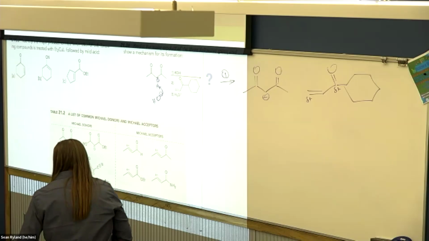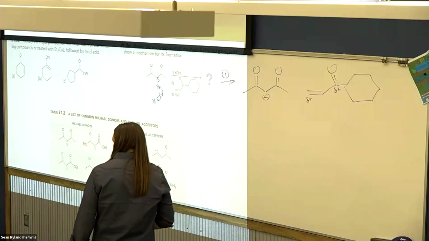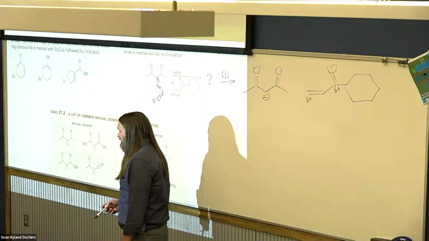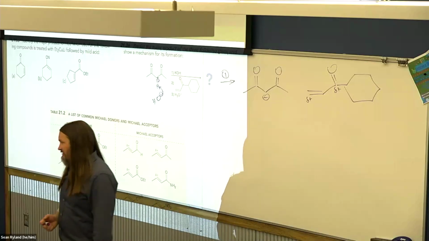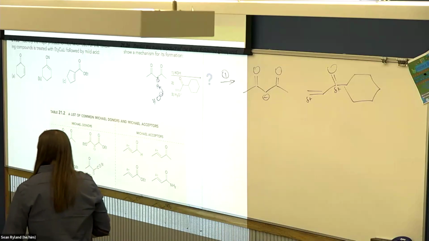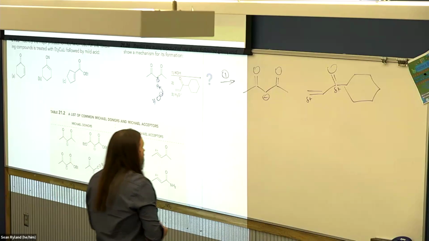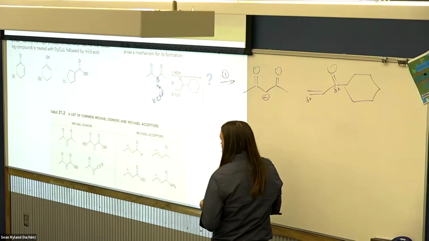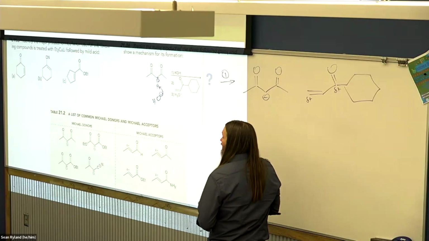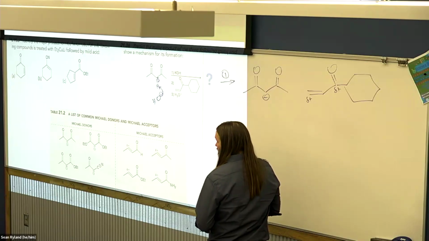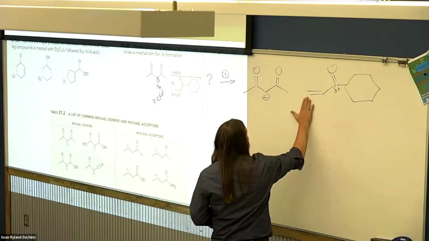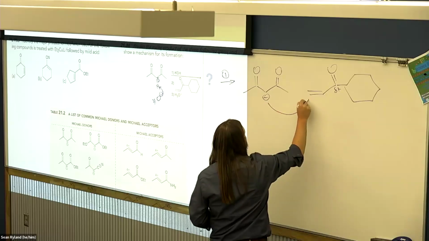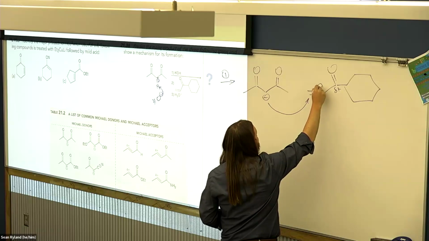Right. And the enolates are not considered especially reactive, especially the doubly stabilized ones. Less reactive means beta carbon.